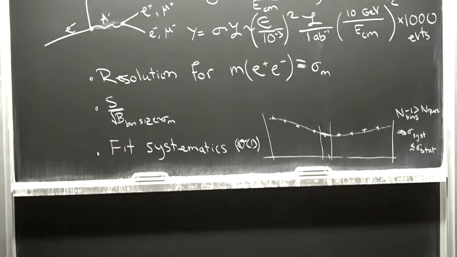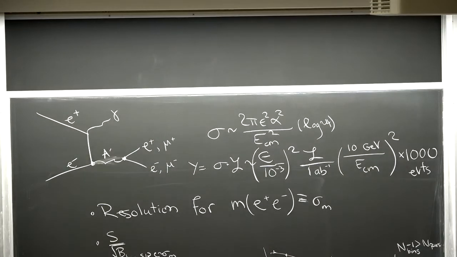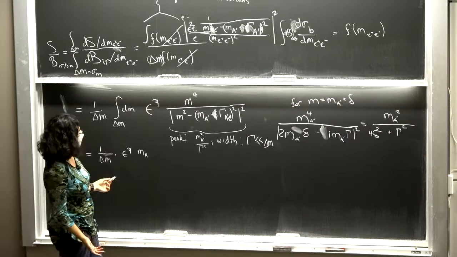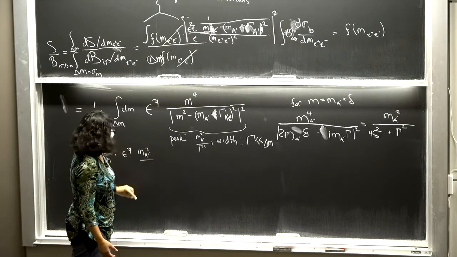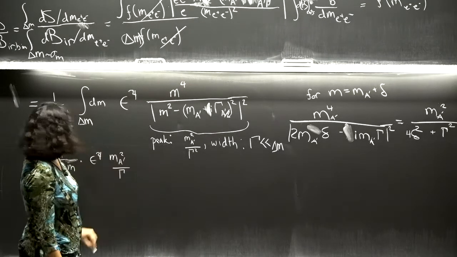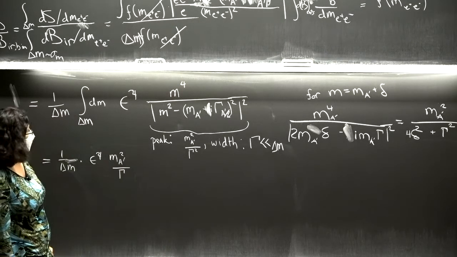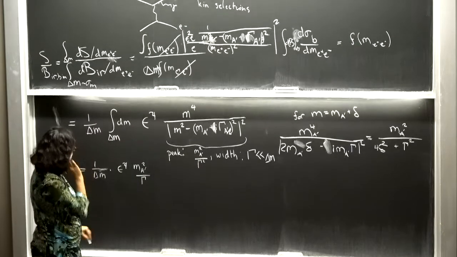So in the amplitude, I should have had an epsilon squared. And when I carry that along for the right, I get an epsilon to the fourth here. And you might be asking, I had a cross-section that scaled as epsilon squared before. Why do I have epsilon fourth all of a sudden now? Well, I'm going to have this extra mA prime squared over gamma factor from integrating this width.